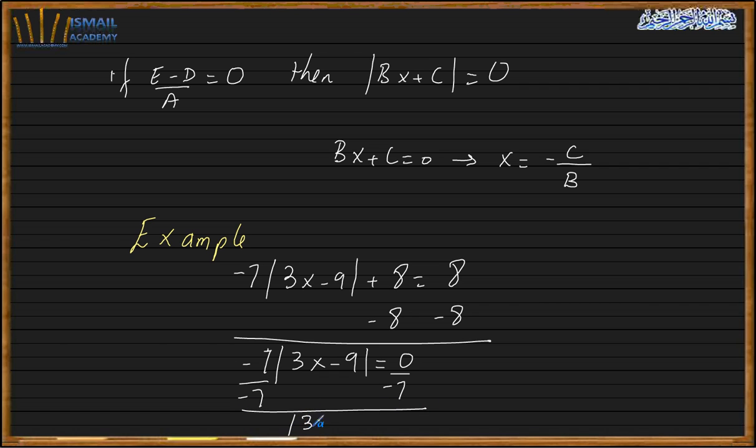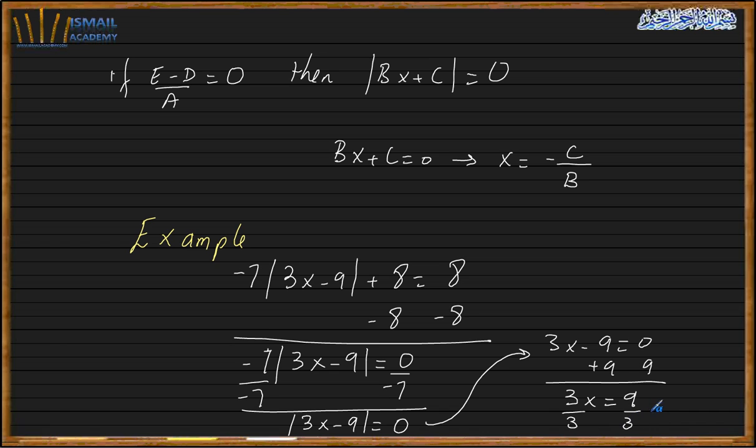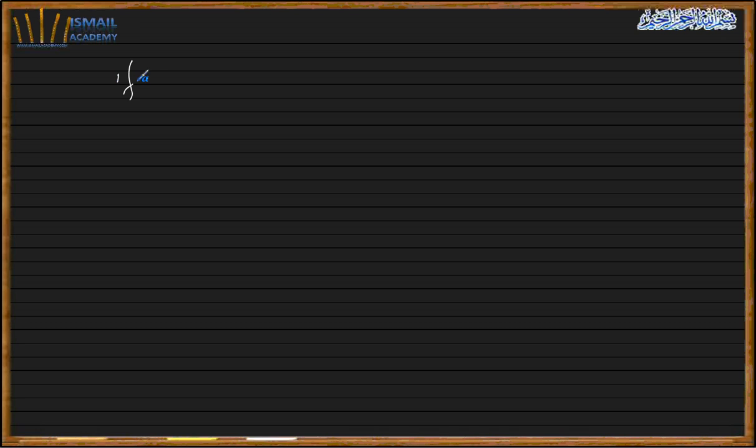I get the absolute value of 3x minus 9 equals 0. Which means that 3x minus 9 is equal to 0. I add 9 both sides and divide by 3. X will be 3. I hope it's clear.